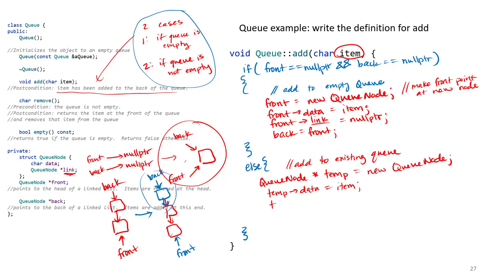And then notice once again, since this is being inserted at the back of our list, we make that new node pointer point to null. Notice in this case, we need to add our node to where back points. So we need to say back arrow link equals temp. So we need to make our last node of the existing list.